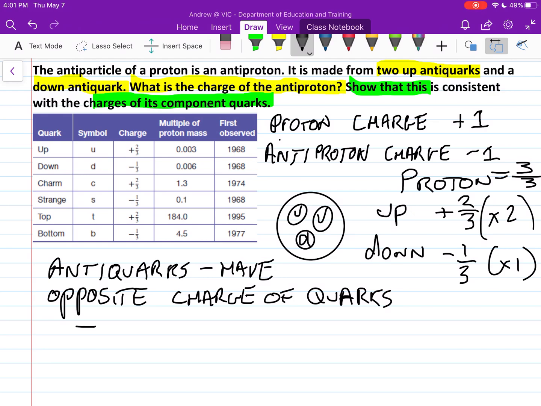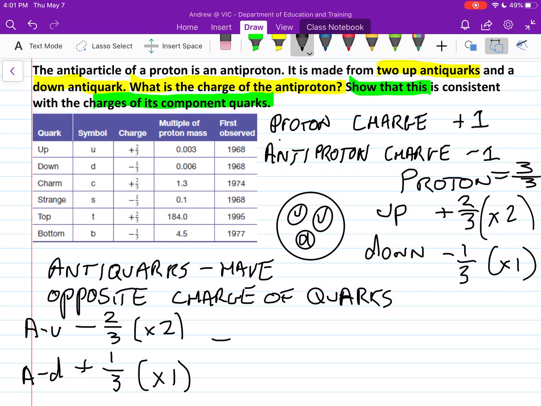So we're going to have -2/3, and there are 2 of these, and we're going to have positive 1/3. I'm just going to put an A in front. So this is our anti-up charge, and this is our anti-down charge.